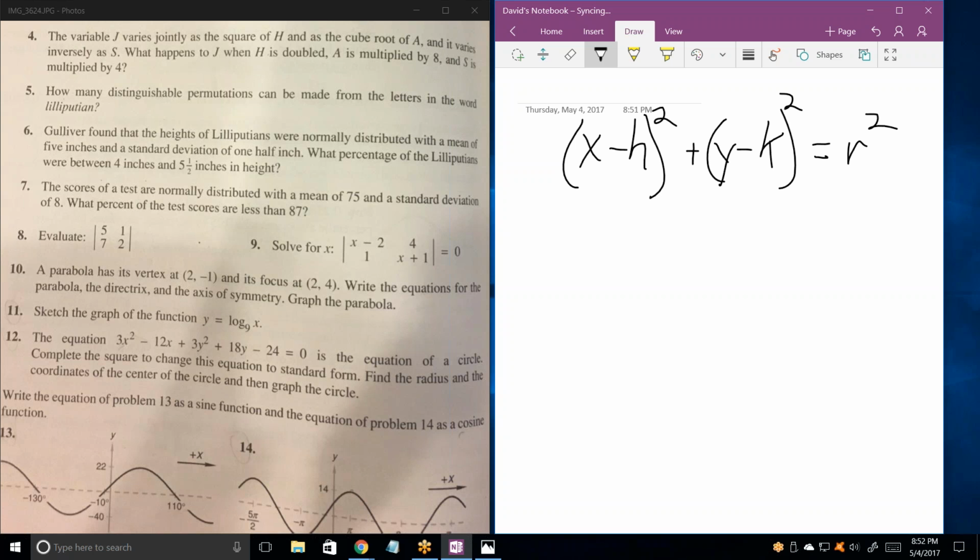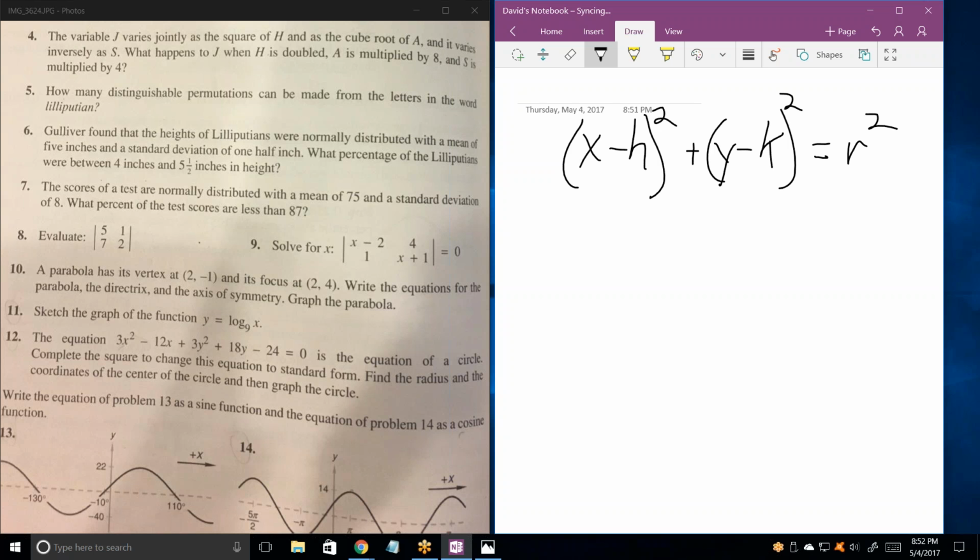So we have to take this big long polynomial and put it into this format before we know where its center is, before we can graph it, before we know what its radius is. And the way we'll do that is to complete the square.